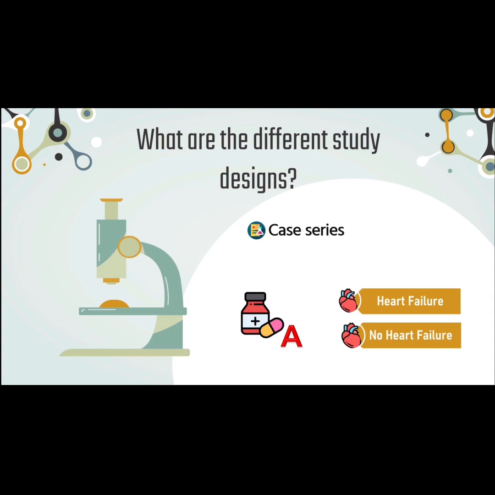But you're not comparing your technique to another technique. It's only one technique, it's only one group, and you're seeing the outcomes of that. So this is case series studies. You have one group of patients, you don't have a control group, and you look at the outcomes after you start the risk factor or the medication or a surgical technique.